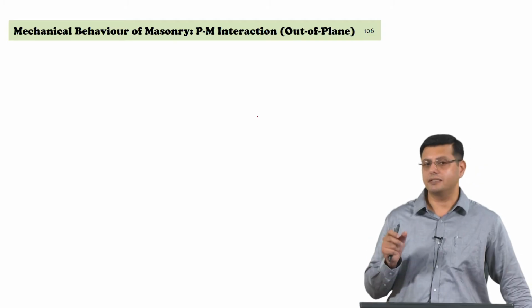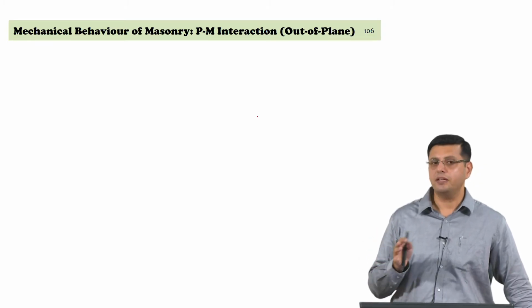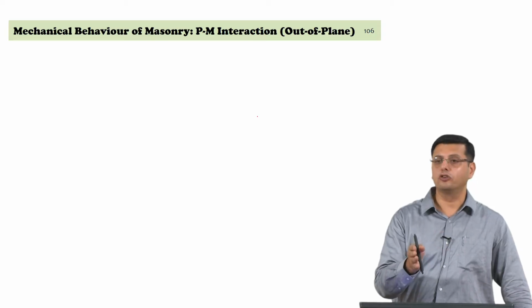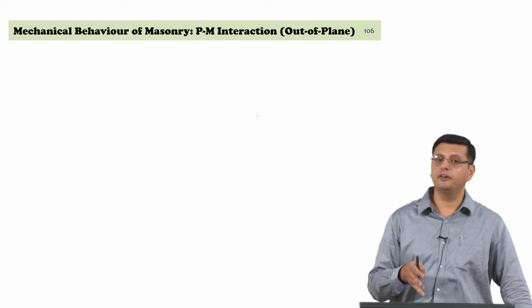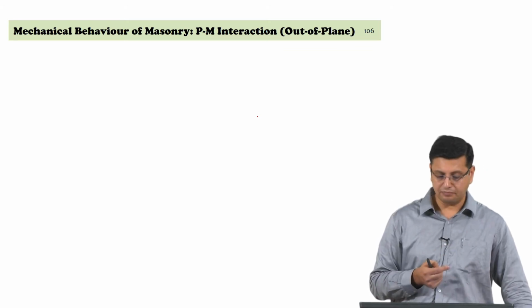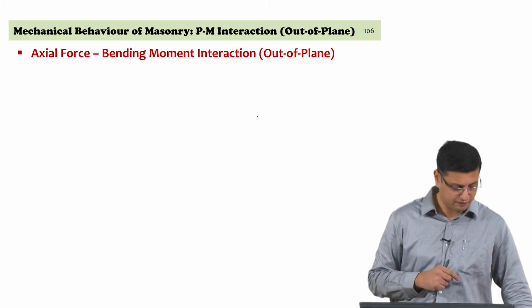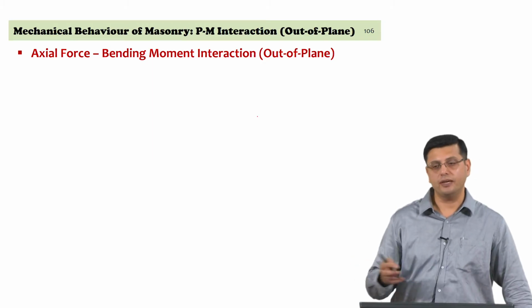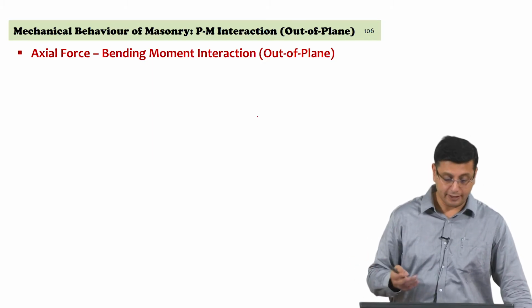The out of plane mechanism is typically governed by flexural compression, and so PM interaction curves can be developed for out of plane bending, based on what we have looked at earlier. We looked at the response of a wall in the out of plane direction due to lateral forces, but here we are looking at the axial force to bending interaction. An interaction surface can be created assuming linear elastic distribution of stresses or assuming a nonlinear distribution of stresses at the ultimate at least.